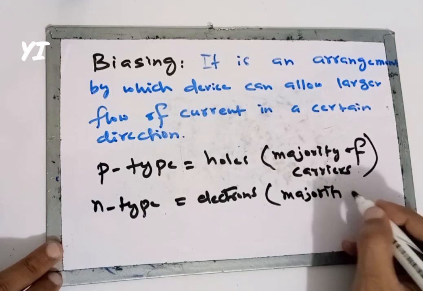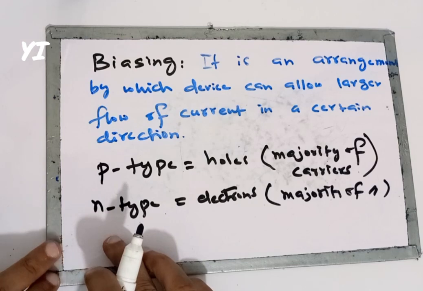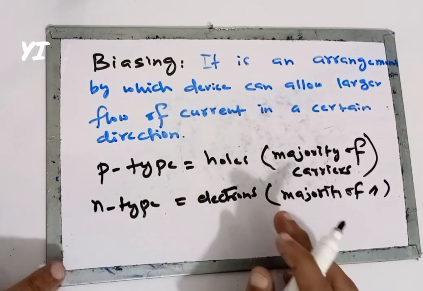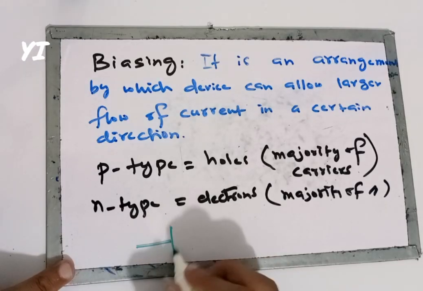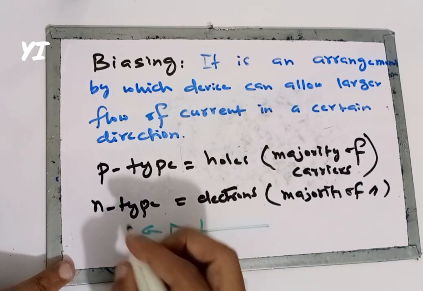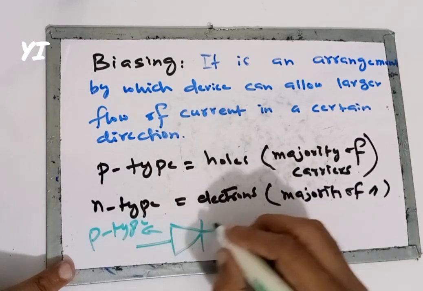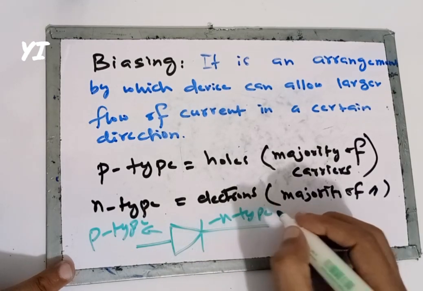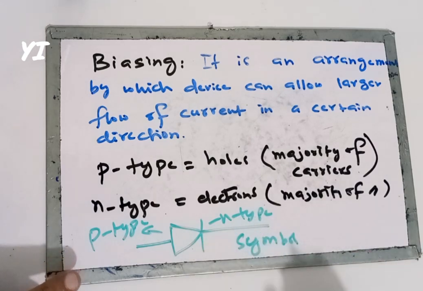So majority of carriers are electrons in n-type, and for p-type the majority carriers are holes. And when we have to tell about the diode, about its making, we have to tell that this is of the p-type and this is for the n type, and this is a symbol to draw.